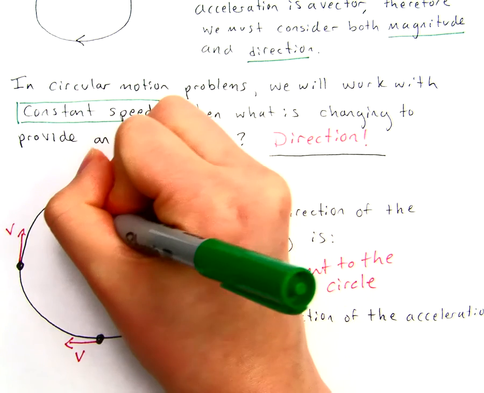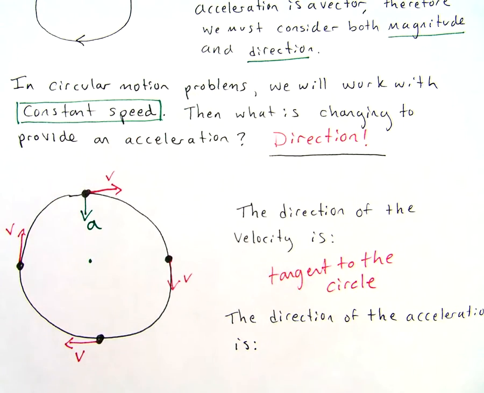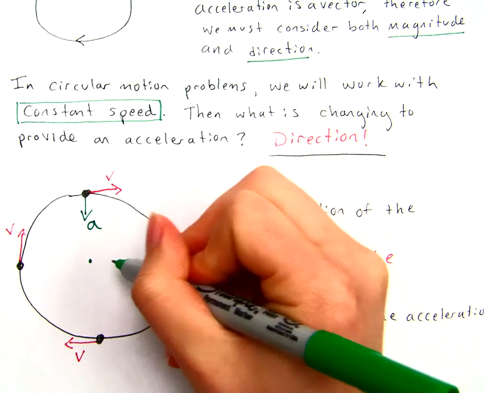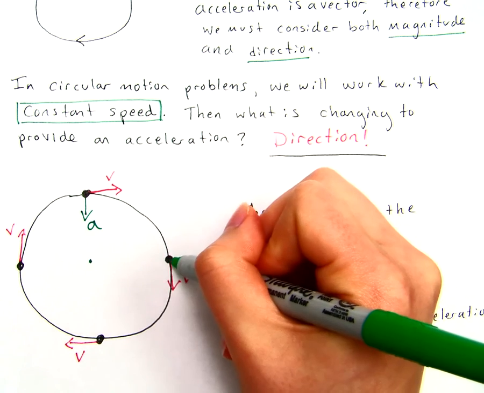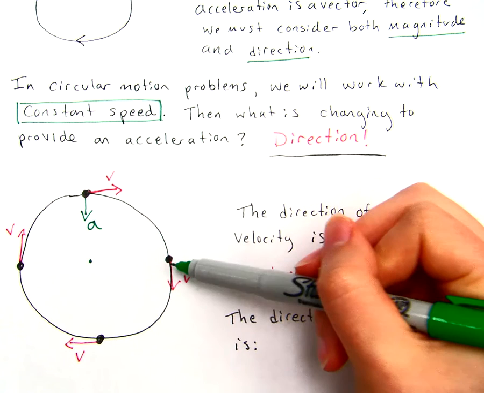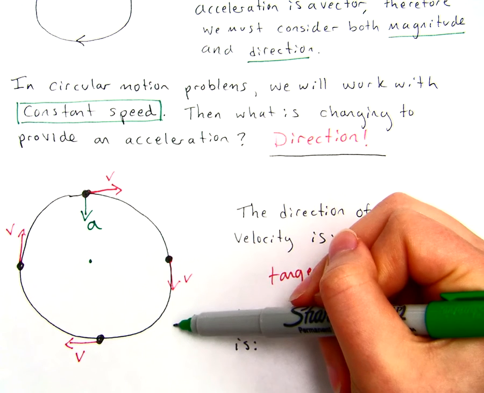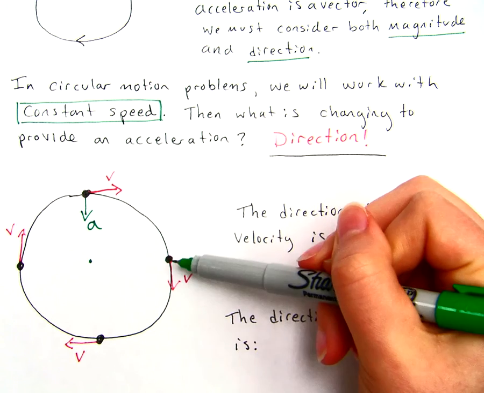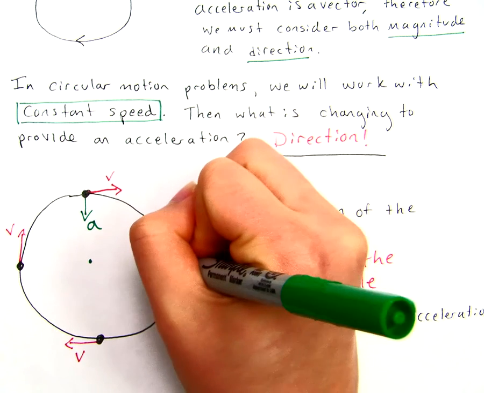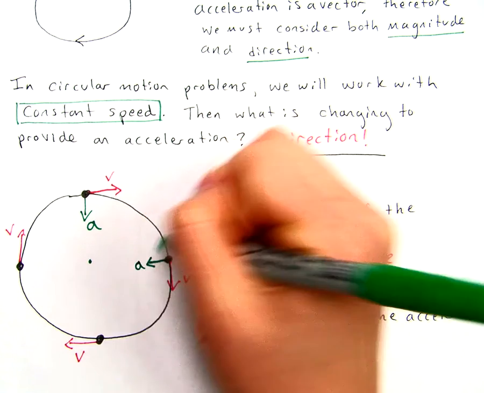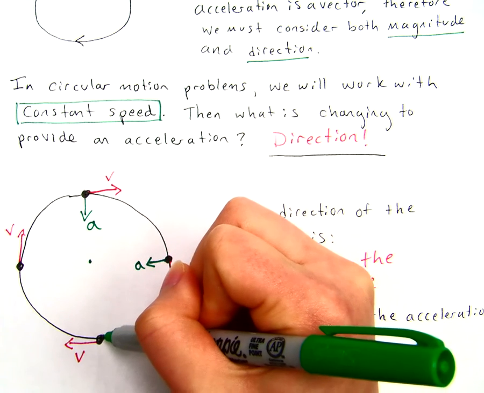The acceleration is actually trying to pull it in towards the circle, perpendicular to that velocity. Same thing down here. Without an acceleration, the object at this point would want to fly off this direction, tangent to that circular path. But because the acceleration is pulling it back towards the center, it swoops around and gets to this bottom point.